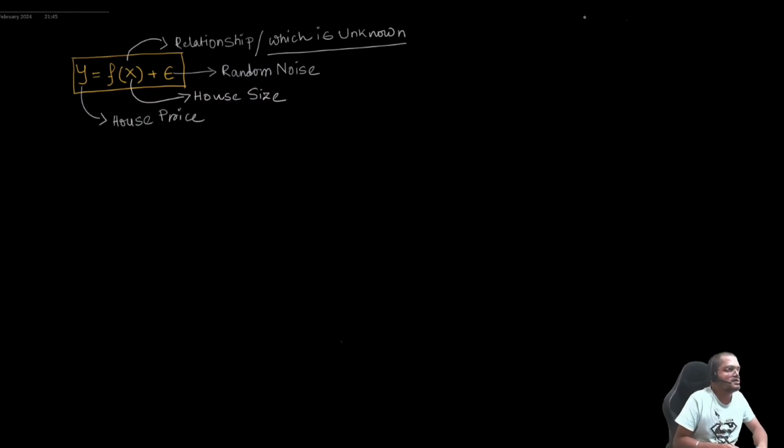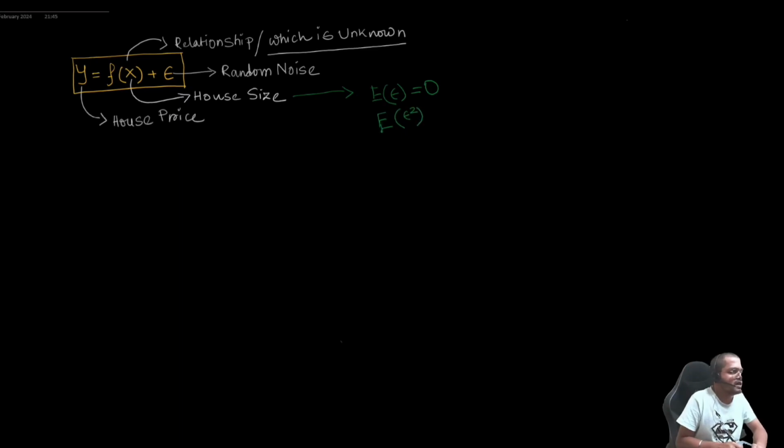But if you see, these random noises have some certain properties. I'll write them down here. The noise has mean 0, so the expectation value of the noise is 0, and the variance is also given.